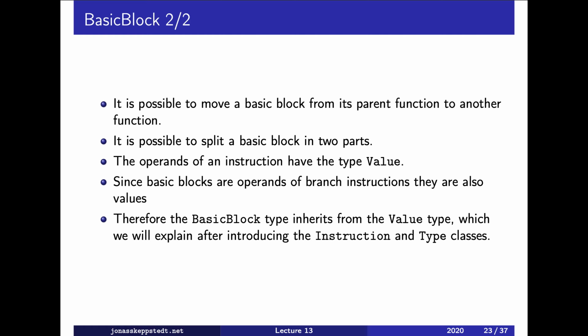These are things which are convenient to have, so it's very natural that they are in LLVM. And all compilers have something similar, or at least most have. Okay, an instruction, the operands of an instruction have the type Value, and branch instructions have basic blocks as operands, so a basic block is also a value.